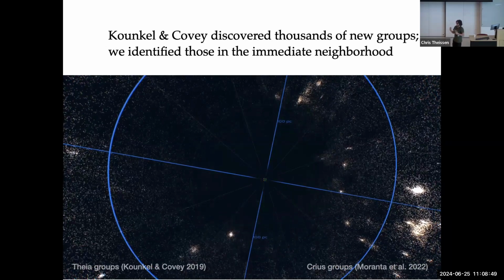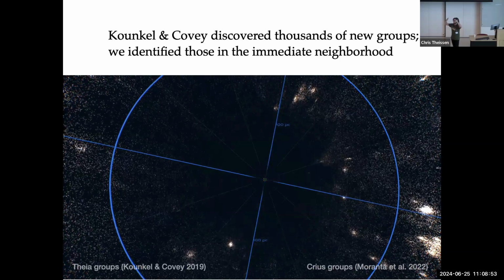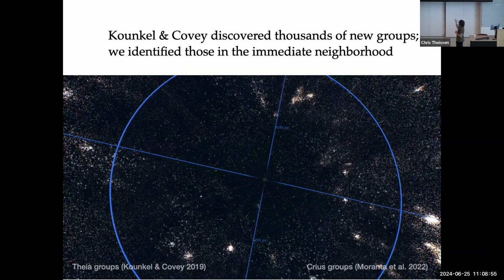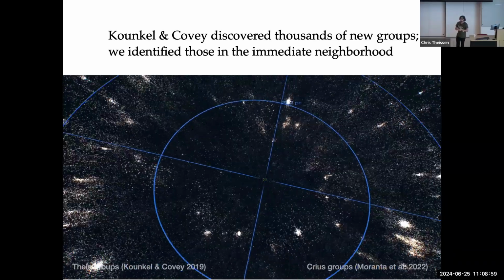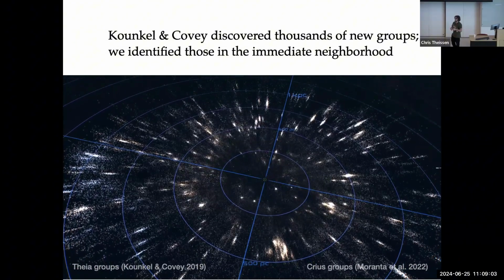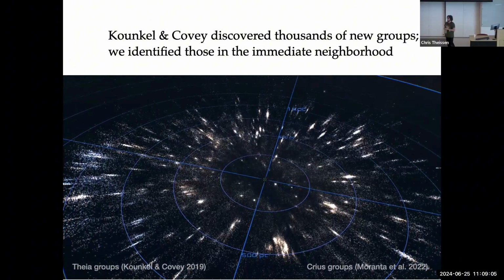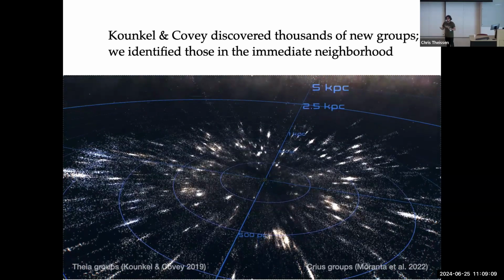And that is caused by projection effects of similar velocities, but viewed everywhere on the sky. And my PhD student, Leslie Moranta, used a different approach of clustering based on full kinematics, XYZ, UVW, not just projected kinematics. And she discovered a dozen new moving groups by doing this, as well as extensions of known coronae.